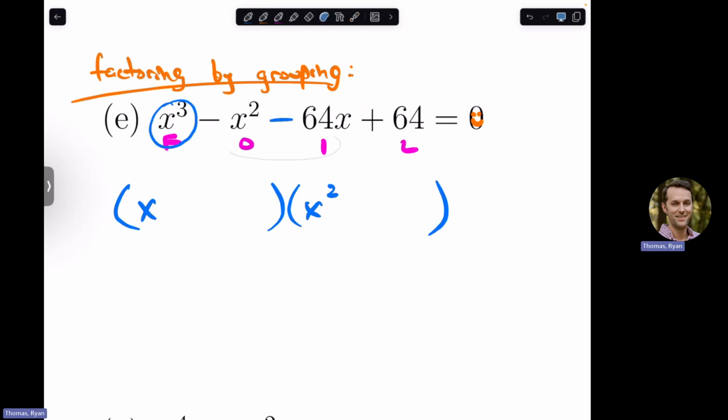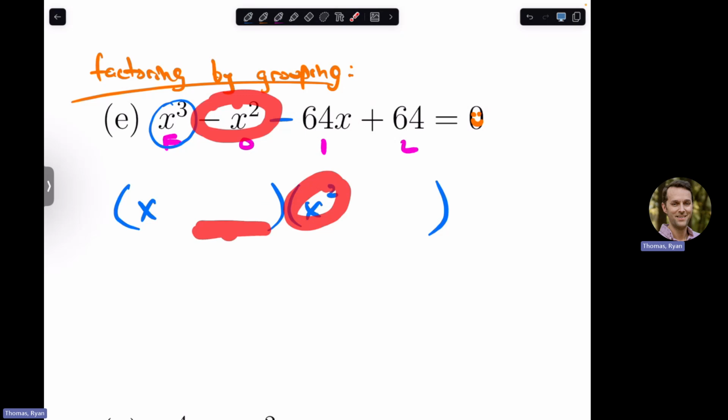Now, these middle two, we might need to be a little fluid on which one's outer and which one's inner. The middle two need to be these two things. Which one's outer or inner depends on what order I wrote those in. For one of the two products, I want to get negative x squared. I've got an x squared here.